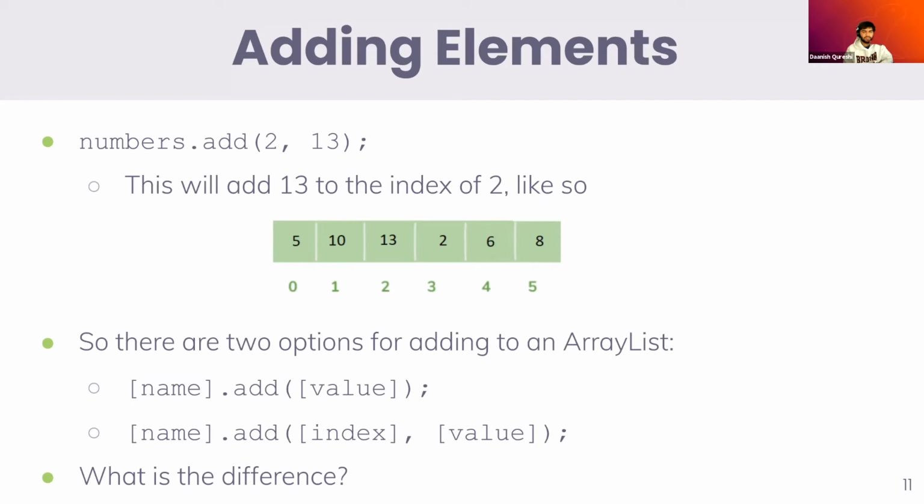When you construct an array list for the first time, it starts empty, so you will probably use the first one, name.add with just the value, to build up the array. But if you want to go back and add something in the middle or at the beginning, you use the second. You will use one versus the other in certain circumstances.